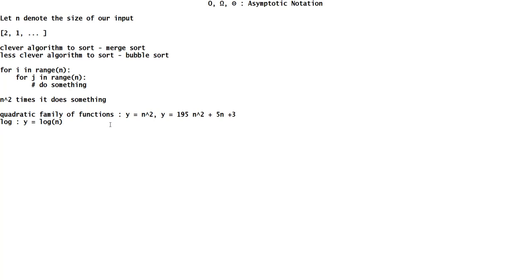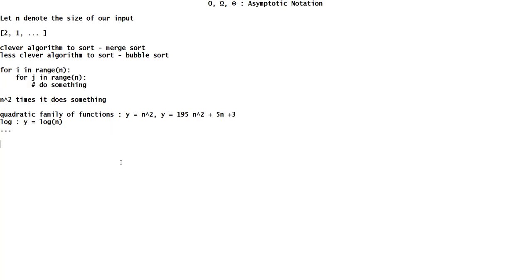So there are different families of functions which have distinct behavior of growth. And what we're interested in is which family of functions does our algorithm correspond to?